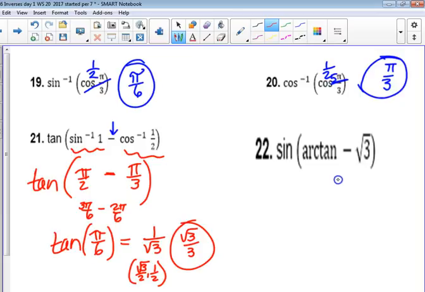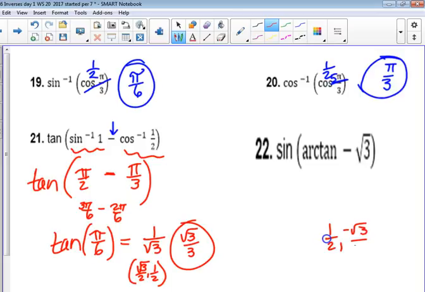22. This one's not as bad as it looks. It just has a tangent. Arctangent with a negative. That is a negative, not a minus. Means we're in quadrant 4. It should be a coordinate that looks like this, yes?